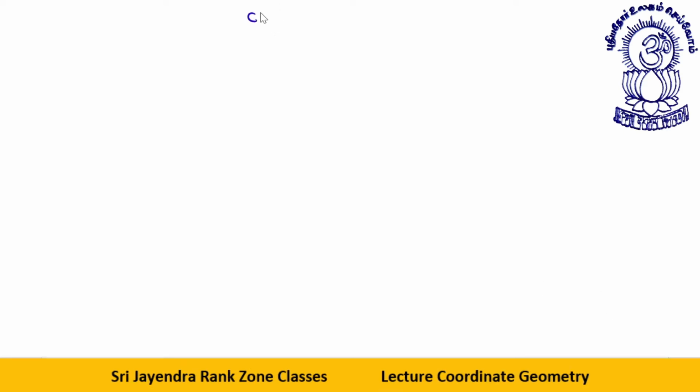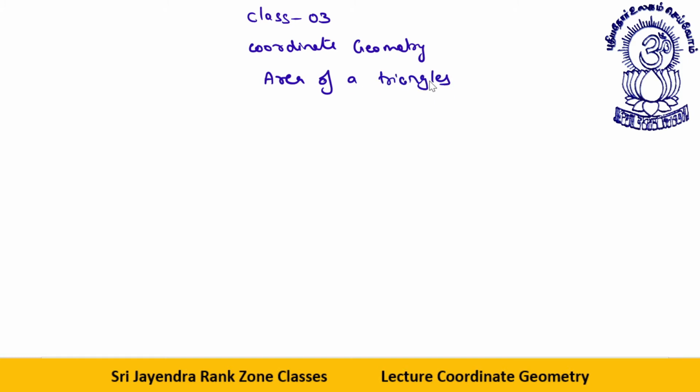Now, dear students, let us start with class 03 for coordinate geometry. What I will be discussing in this class is the area of a triangle, using the coordinates, using the vertices. Okay, let's say I show you a triangle.